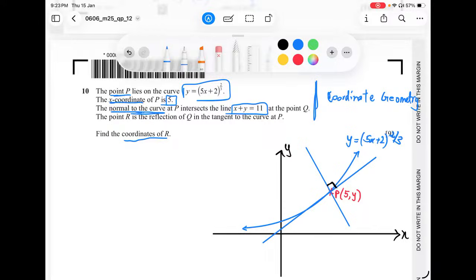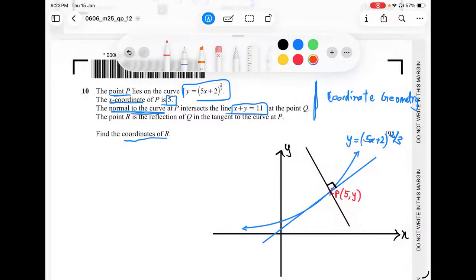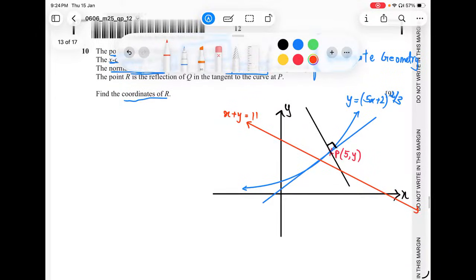And this is your tangent and this is your normal. And now in a different color, we draw x plus y equals 11, something like this. So let's say this is your x plus y equals 11.